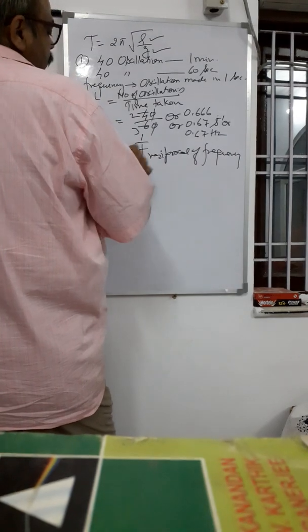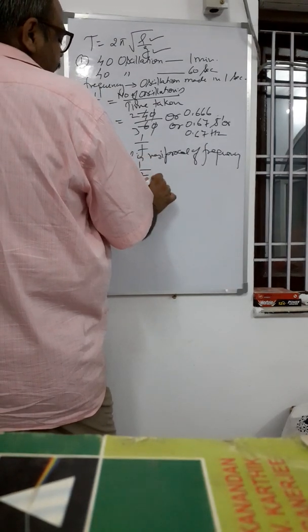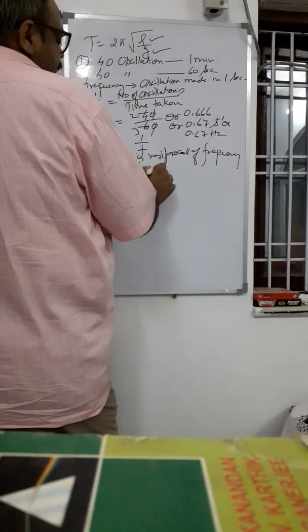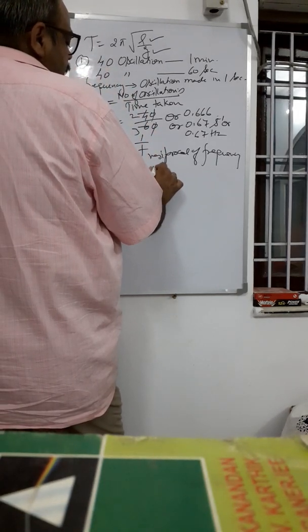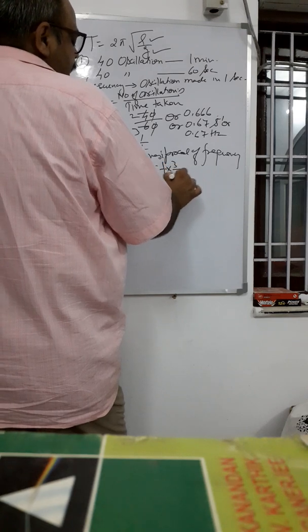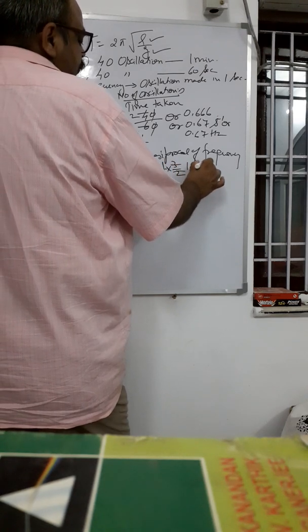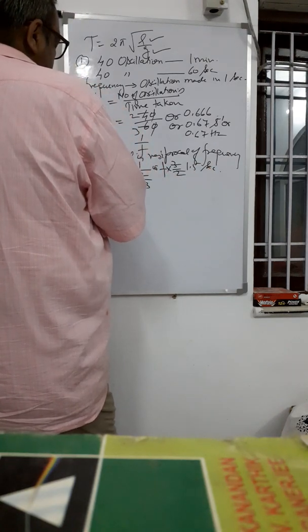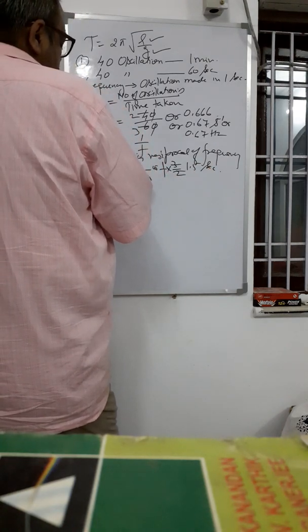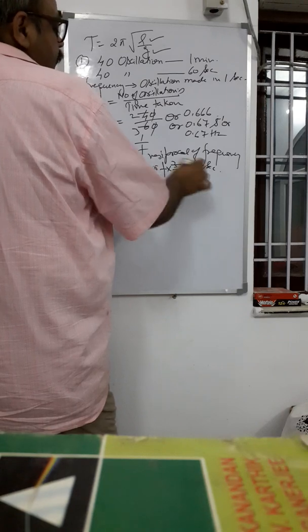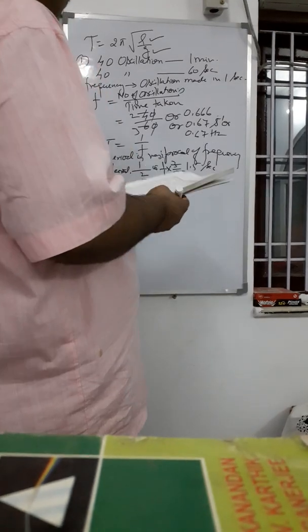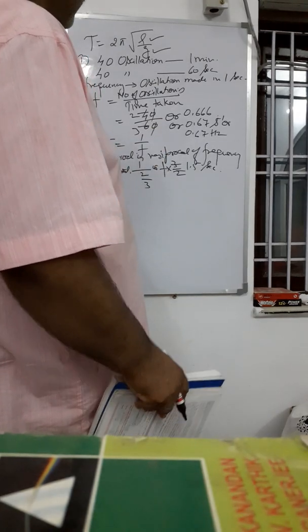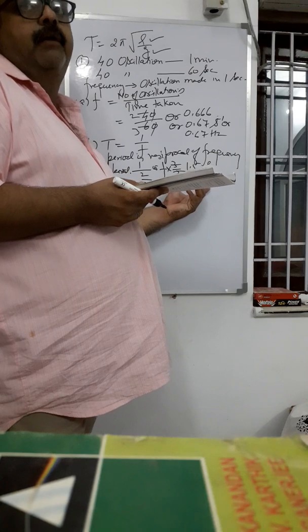So we write 1 upon 2 by 3, or 40/60. So when we solve it, it will come 1 by 1 into 3 by 2. It will give you 1.5 seconds. Time period is 1.5 seconds. What it means is that one complete oscillation is made in 1.5 seconds. This is the way to solve the numerical problem.